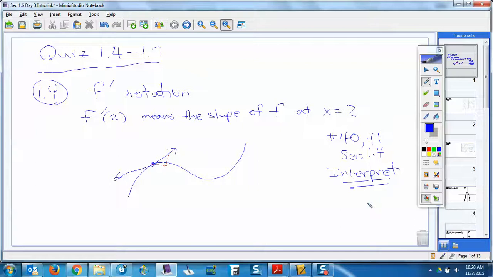Remember how many hours of daylight? We said that H is the number of daylight hours, T days after January 1st. What does H prime being negative mean? Well, what does H prime mean? It means the number of hours of daylight per day, the rate that they are changing, that kind of thing. Be able to do those units, be able to take a sentence like that where you're describing a function with the units, those kinds of things.